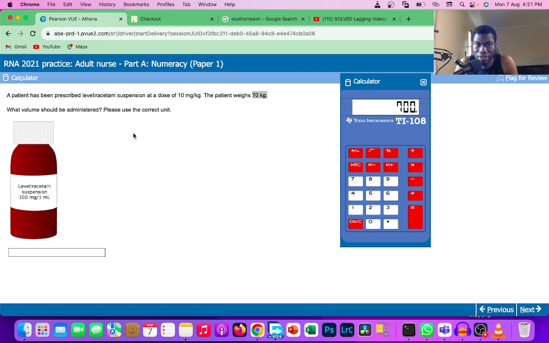So you multiply the 700 by the 1 mil and you divide it by this. When you multiply 700 by 1, you're still going to get 700, and then you divide it by 100. Then you're going to get what? 7 mils. So 7, small m, capital L. Always make sure you have the right one. Capital L. Great. Then we go on.